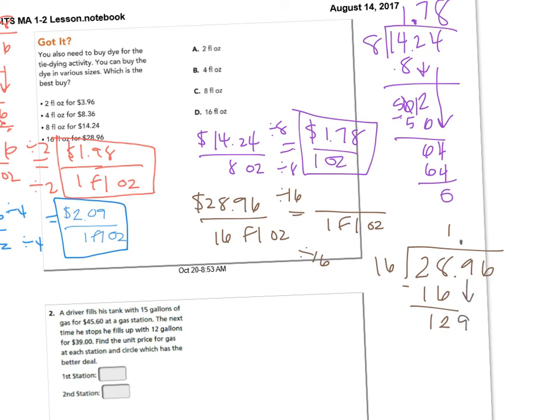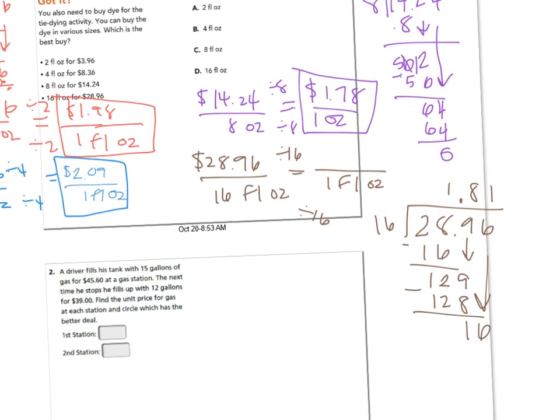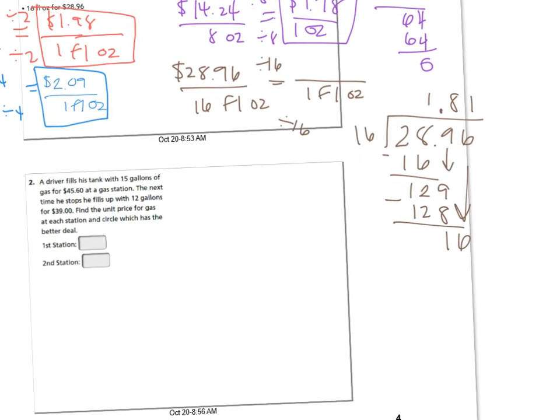Don't forget to add your decimal point. 16 goes into 129 8 times. It's going to give me 128. Subtract, that gives me 1. Bring down the 6. Now I'm at 16. It goes into it 1 time. Awesome. So my answer is $1.81.